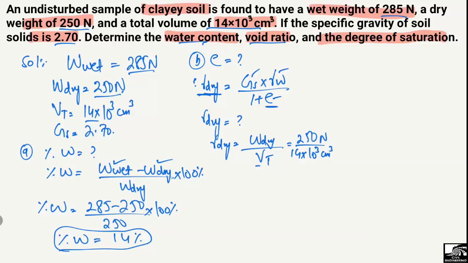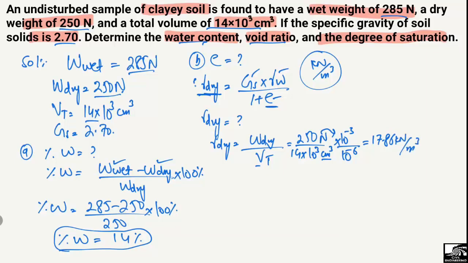To convert this into kilonewton per cubic meter, we have to change Newton into kilonewton by multiplying with 10⁻³, and convert cubic centimeter into cubic meter by multiplying with 10⁻⁶. So we get our gamma dry equal to 17.86 kilonewton per cubic meter.